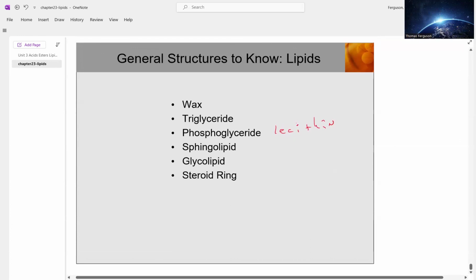Okay, so the hard part on lipids are the structures. Unit 2 structures were challenging as well, but the fatty acids are the tricky ones here. And putting those together into 3-carbon backbones, et cetera.